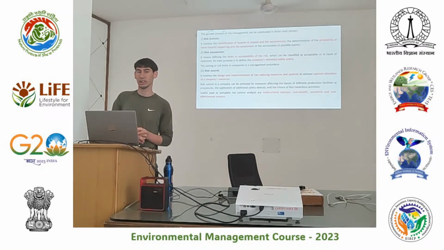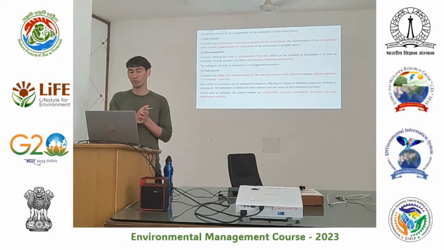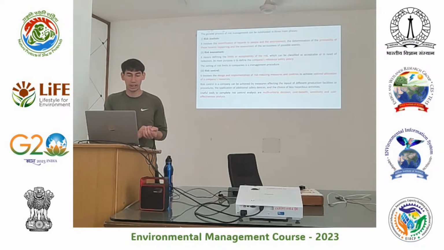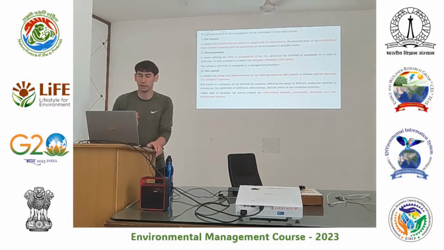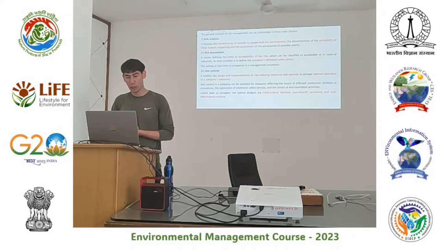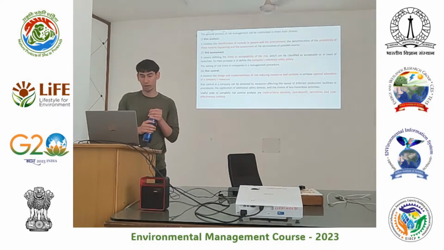First is risk analysis: the identification of hazards to people and the environment, the determination of the probability of the hazard happening, and the assessment of the seriousness of possible events. Second is risk assessment, which means defining the limits or acceptability of the risk, classified as acceptable or in need of reduction.